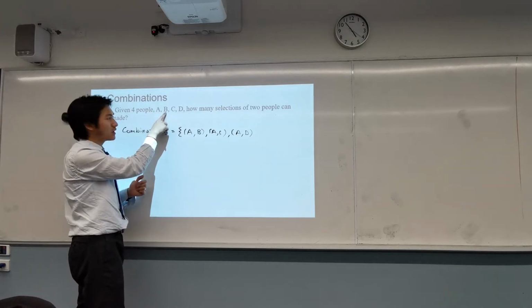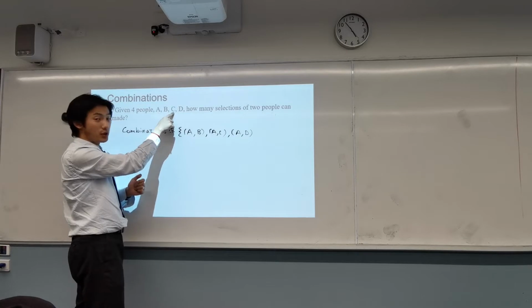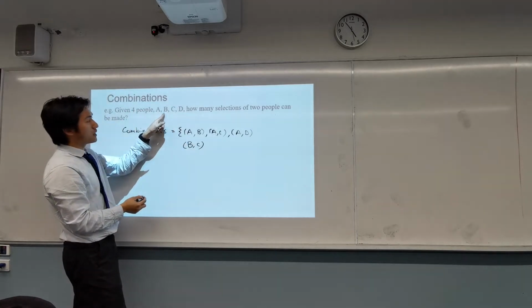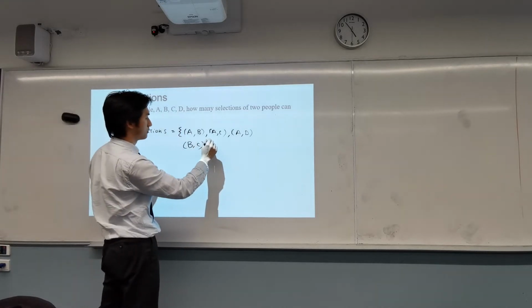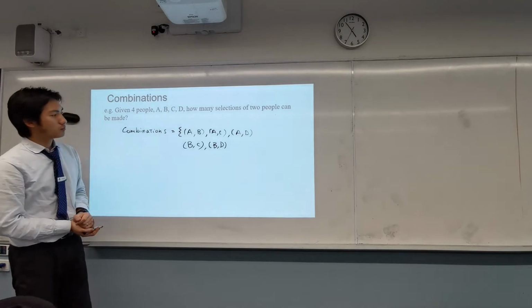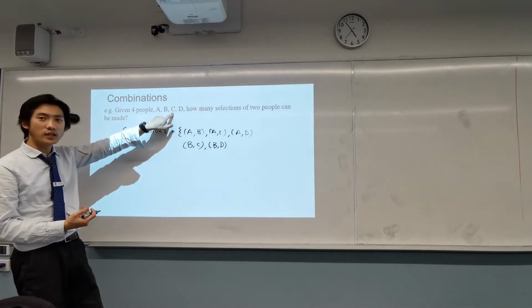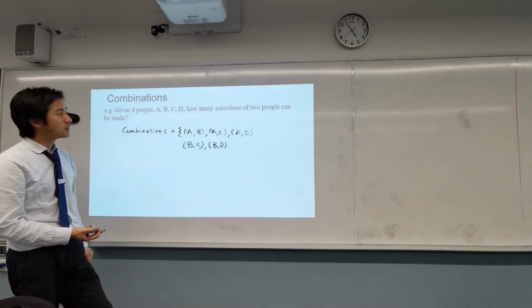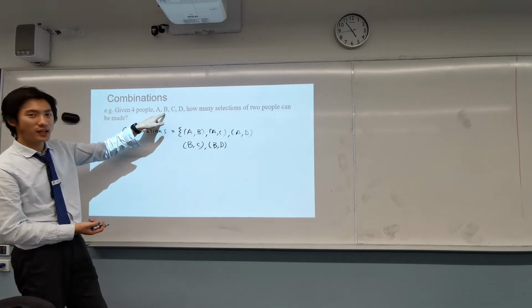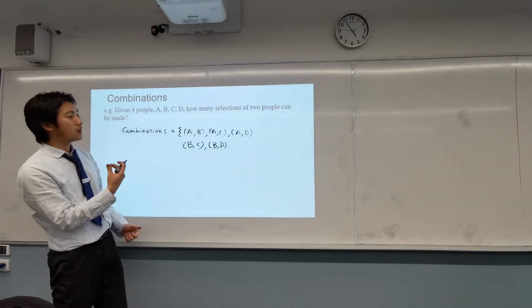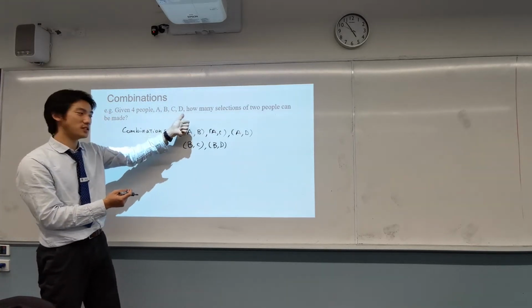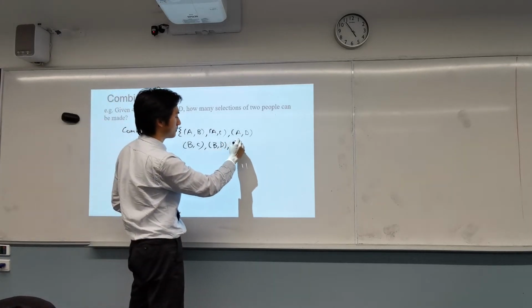Now, person B then can be selected with person C, and then person B with D. Okay, now let's consider picking person C. We've already got combinations of C with A and C with B. The only combination that we haven't considered is person C with person D. So let's write that down.